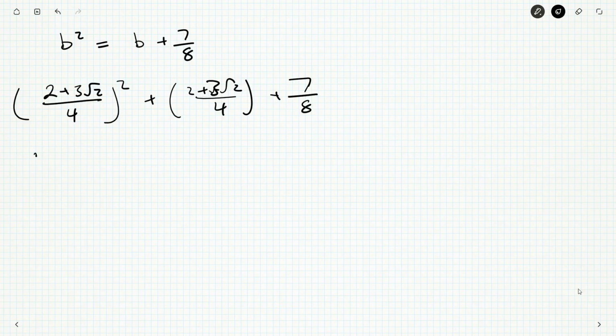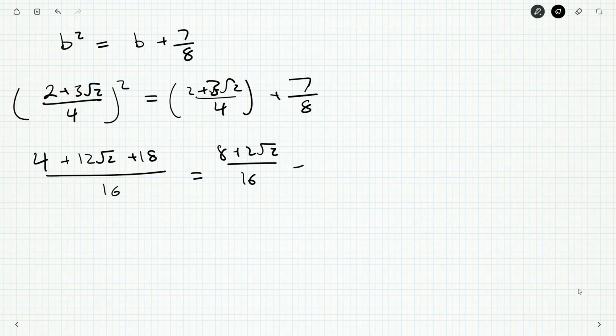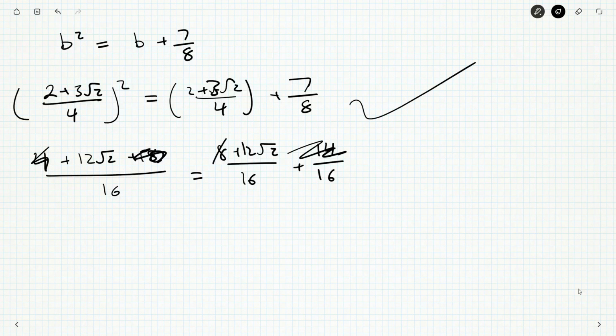So that's 4 plus 12 root 2 plus 18 all over 16 is equal to 8 plus 12 root 2 all over 16 plus 14 over 16. 8 becomes a 10. 4 and 10 is 14. And the 12 root 2's, yep, so it works out.